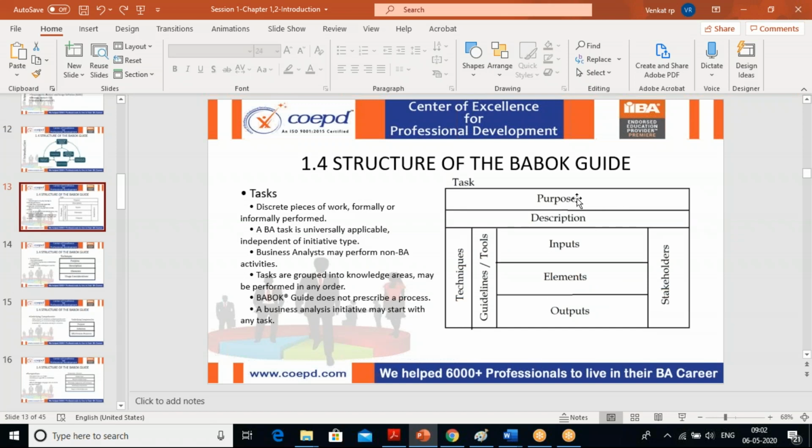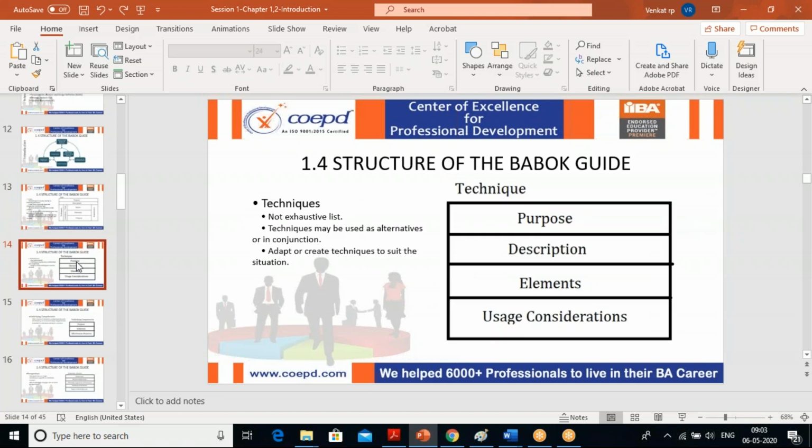Whenever I speak about a task, this should automatically strike your mind: a task has purpose, description, inputs, elements, outputs, stakeholders, techniques, guidelines and tools. This structure should flash in your mind. And whenever we speak about techniques, they have a purpose, description, elements and usage considerations.